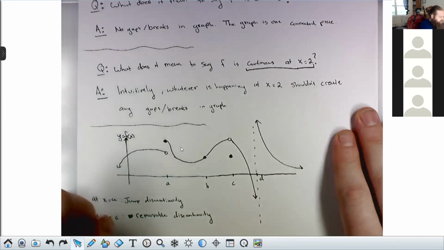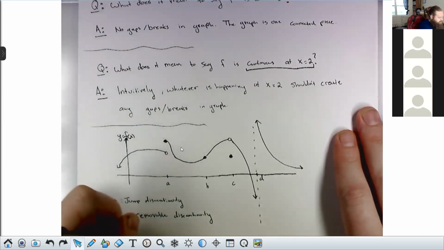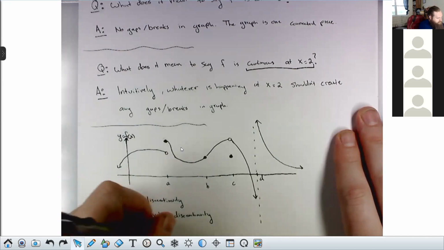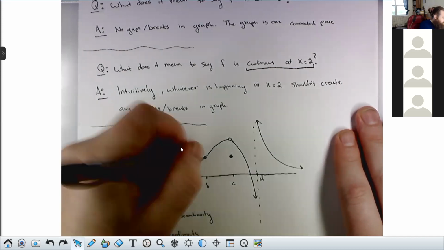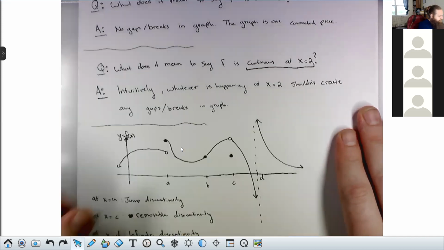And at x equals D, we would call this an infinite discontinuity. At x equals B here, we're continuous.